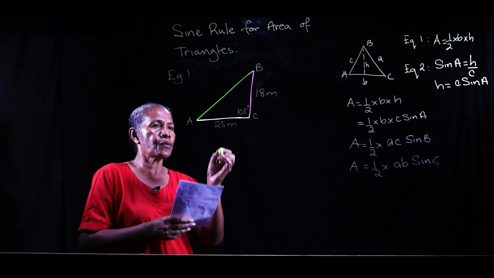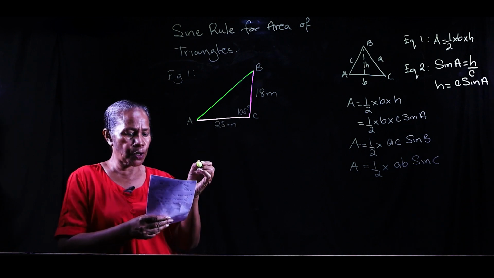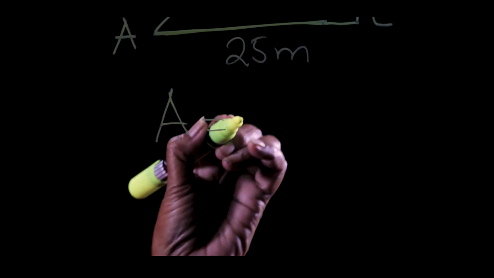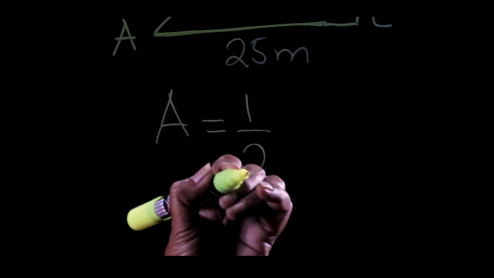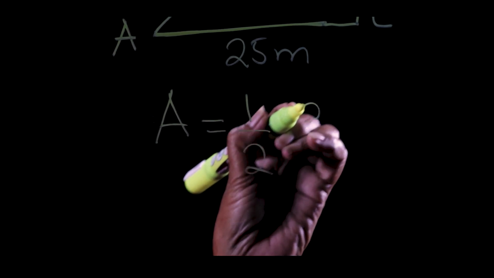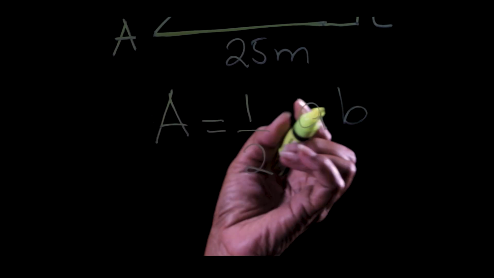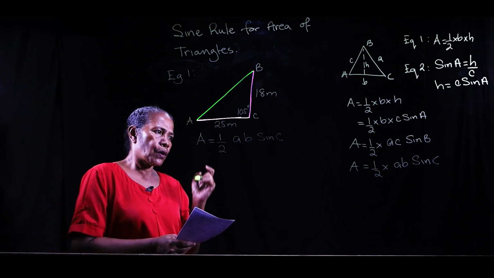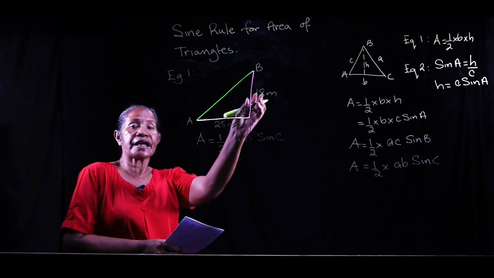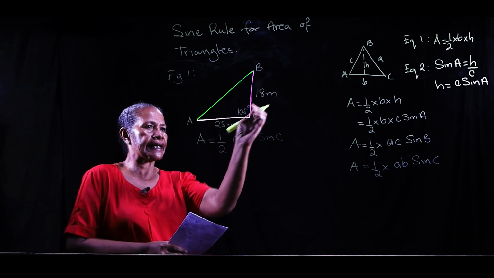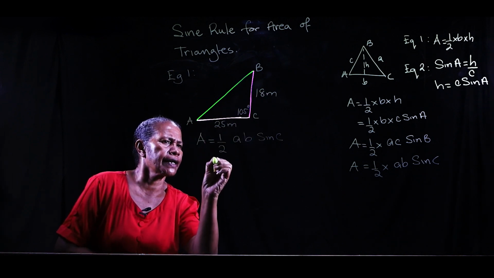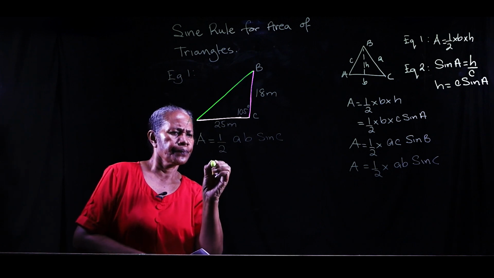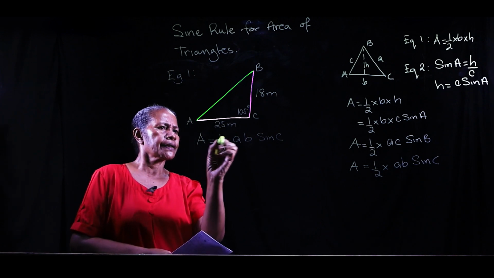So our area formula for this particular example is area equals half ab sine C. Now we fill in the information that is given.